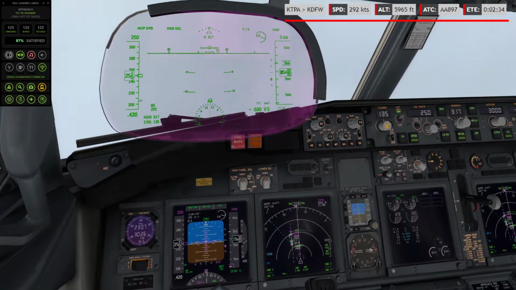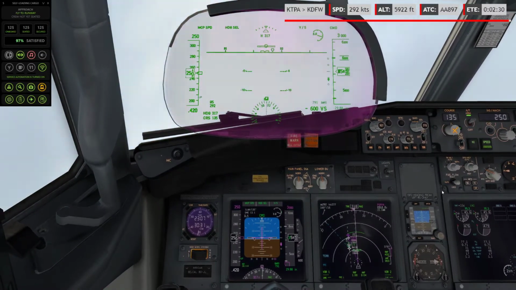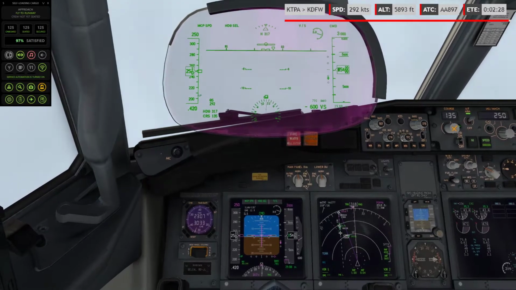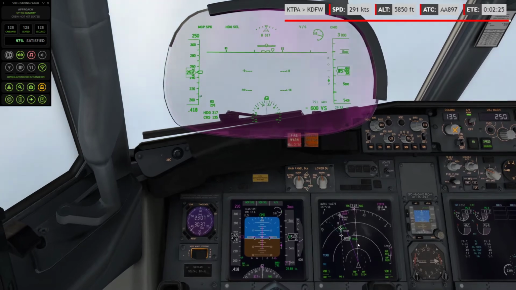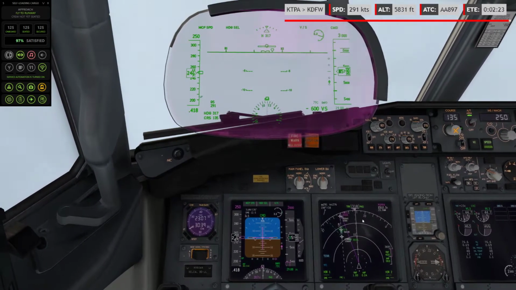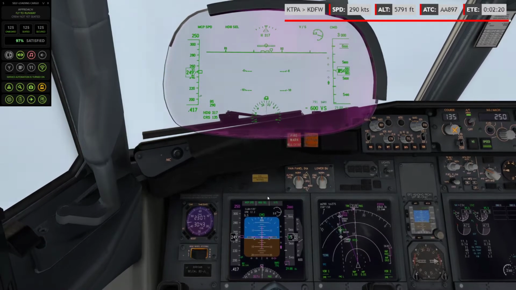Actually, I'll go 600. Alright, we have a little bit of turbulence here because we are going through the clouds, but nothing too major.